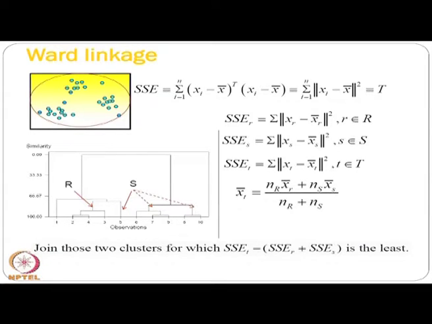One cluster means a lot of heterogeneity, and when you go for more clusters, the heterogeneity will reduce and homogeneity will increase. But when you go for n clusters, it will be completely homogeneous, because every cluster has one object.